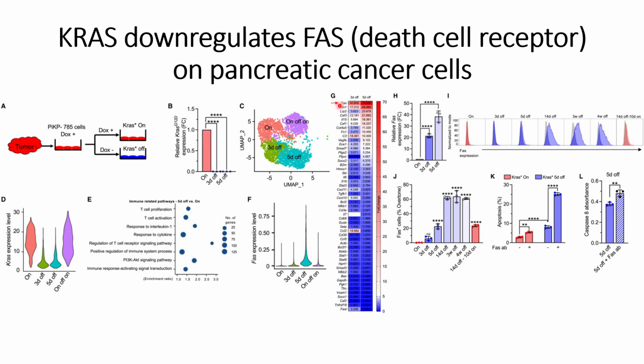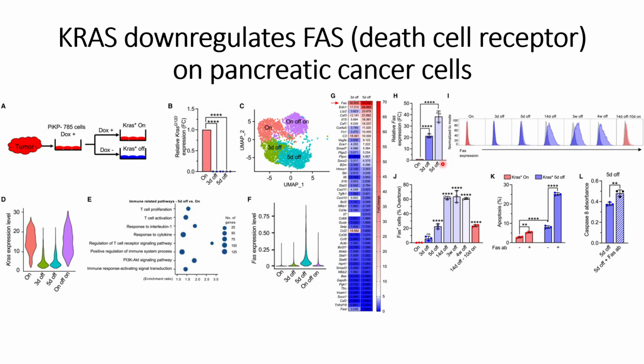We can see that FAS is one of the highly upregulated genes in these results. They validated this using quantitative analysis, where we can see that relative FAS expression is high when the KRAS mutations are off for a longer period of time.